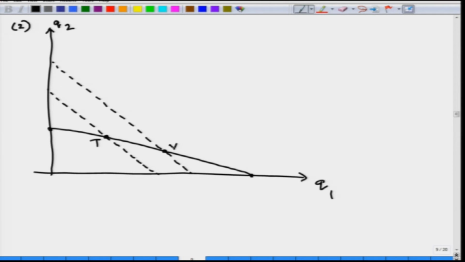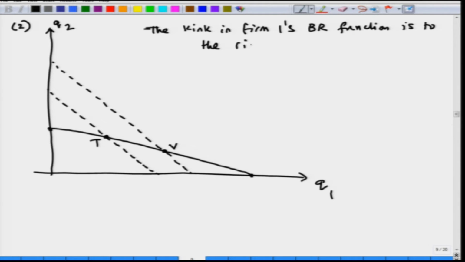So, in the second case the kink in firm 1's best response function is to the right of V. So, in other words, if I were to draw firm 1's best response function, it takes this particular shape.